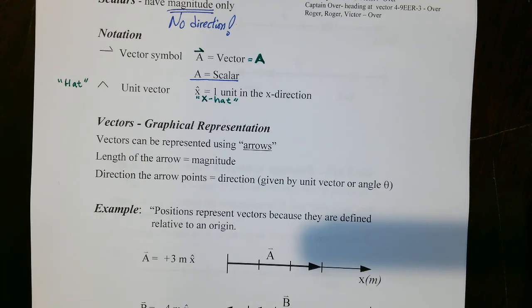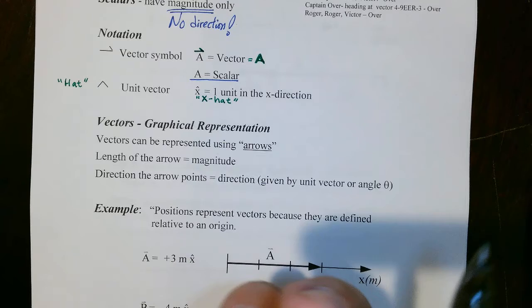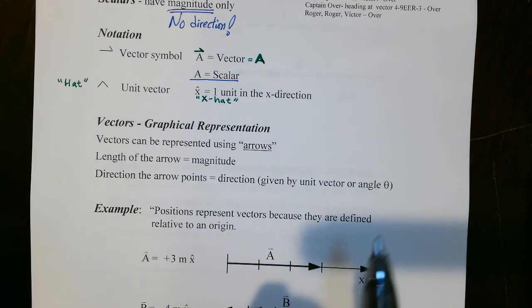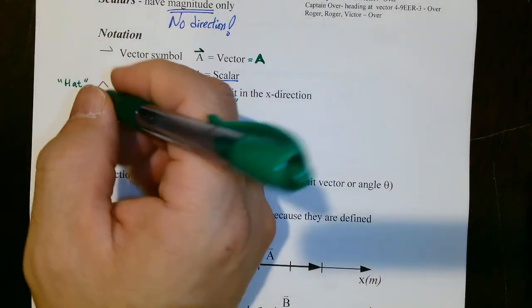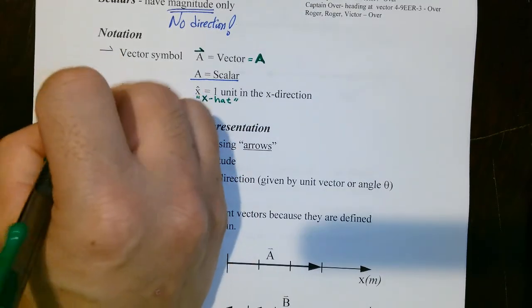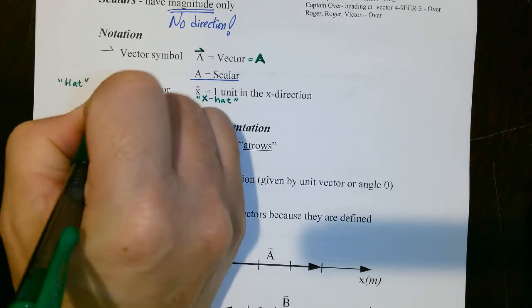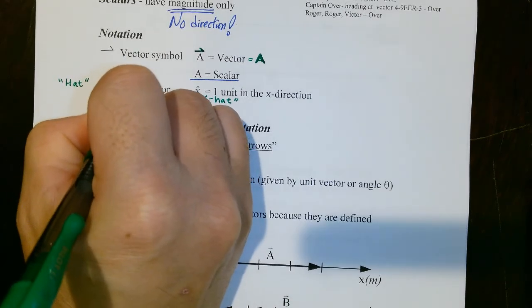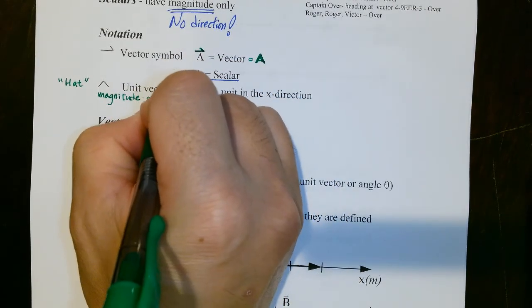Most of you know the unit circle, right? Back in pre-calculus or math analysis, when you were learning the unit circle, it was a circle with a radius of 1, and that was the unit circle, right? So a unit vector has a magnitude of, guess what? Magnitude of 1.